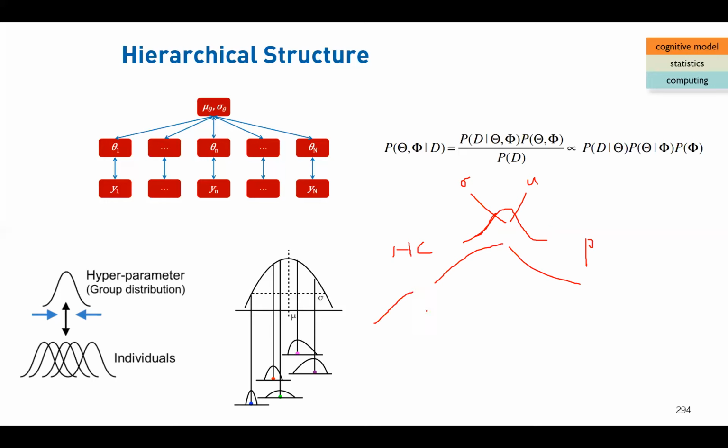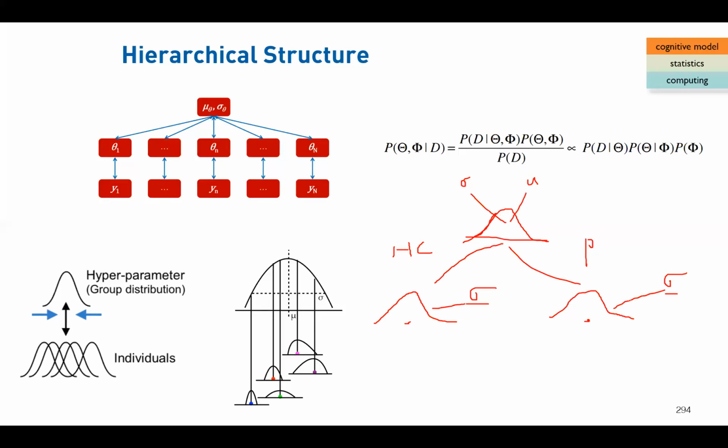Here at the subgroup level, there's also a subgroup distribution, one for the healthy control and the other one for the patients. We could imagine that these two distributions follow this one, but they might also have their own sigma. So this mean is sampled from the top one, but they might have their own standard deviation.